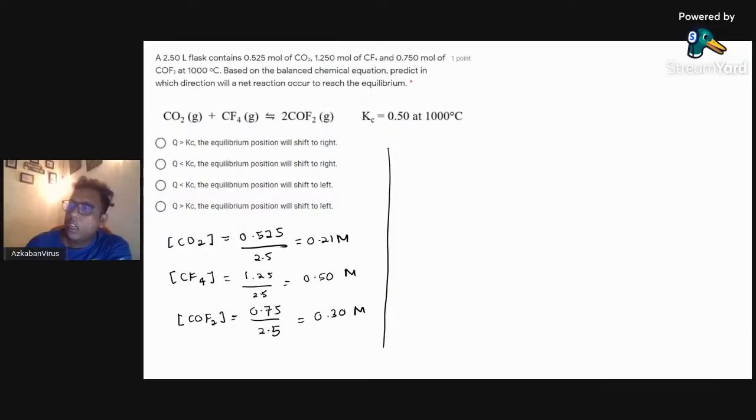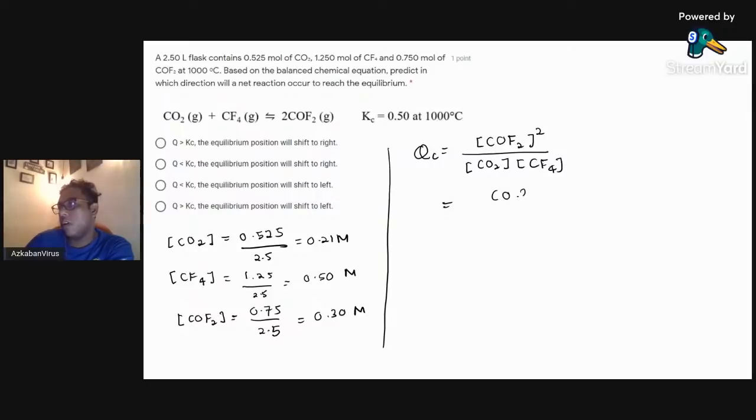Once kita dah ada ni, QC is equal to COF2 squared bagi dengan CO2 dapat dengan CF4. Ini sama dengan 0.30 squared bahagi 1 dapat 0.50.